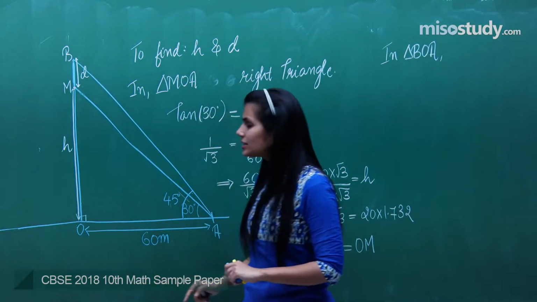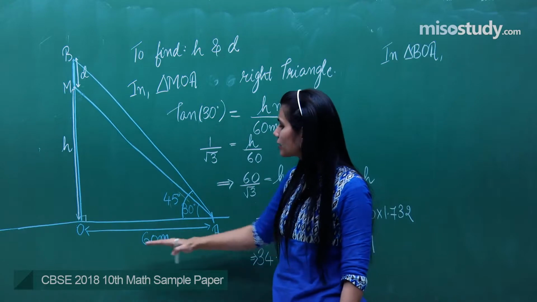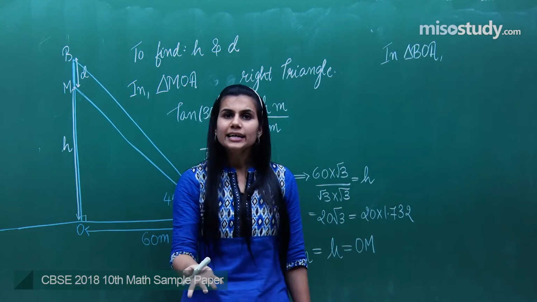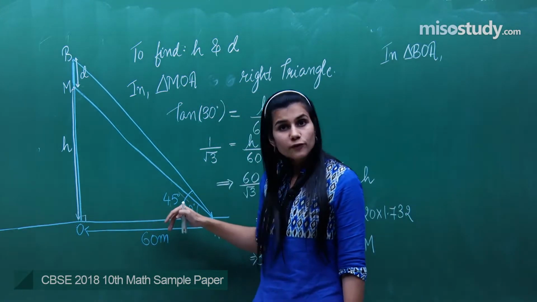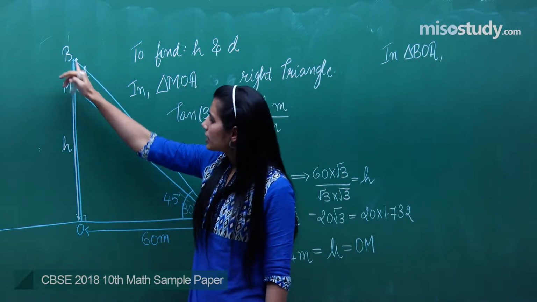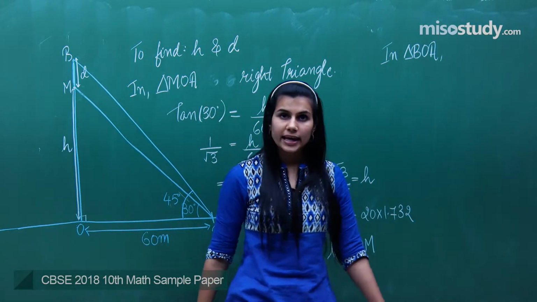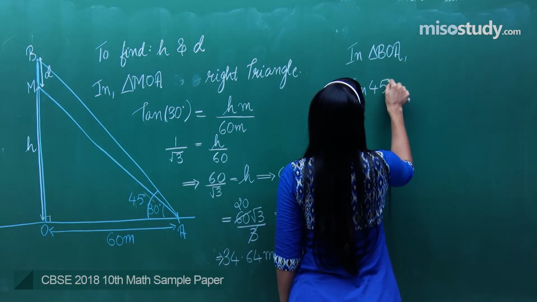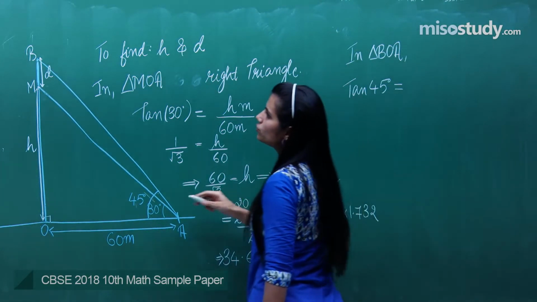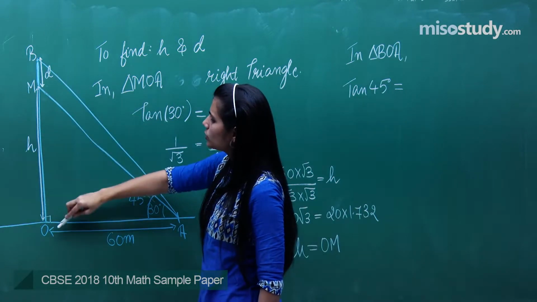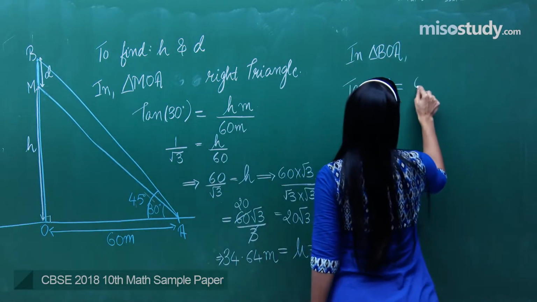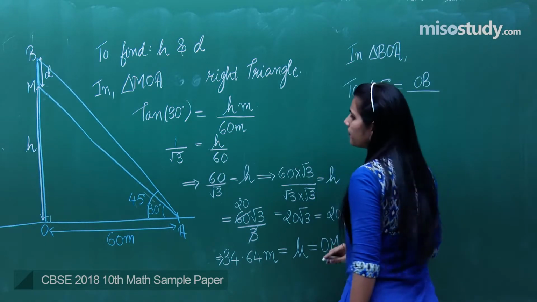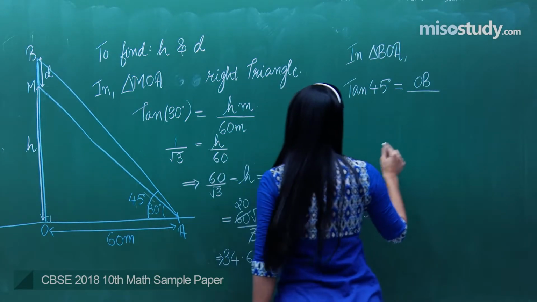Let's see what is the height of this particular triangle. For that, which is that trigonometric ratio which is going to connect base to the height? Again tan corresponding to the angle 45 degrees now, because we are working with triangle BOA. So I am going to say tan 45 will be equal to this entire height, which is OB, upon the base, which is 60.